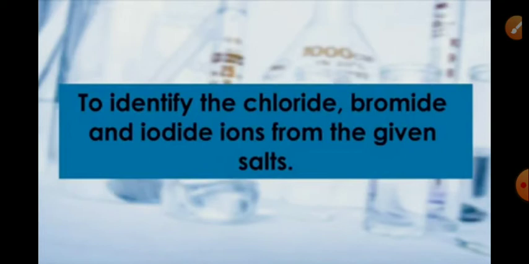In test tube A, we will add few drops of silver nitrate, sorry, it is not sodium nitrate, it is silver nitrate. We have to write AgNO3, or silver nitrate. Silver nitrate is a reagent and it reacts with the solution present in test tube A, B or C.